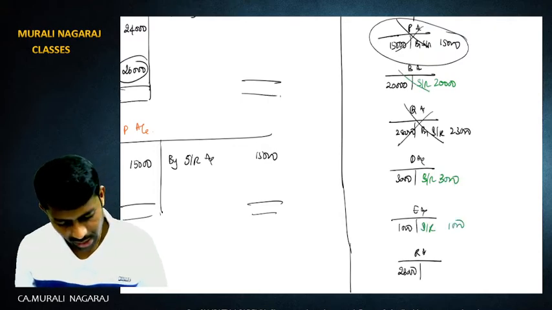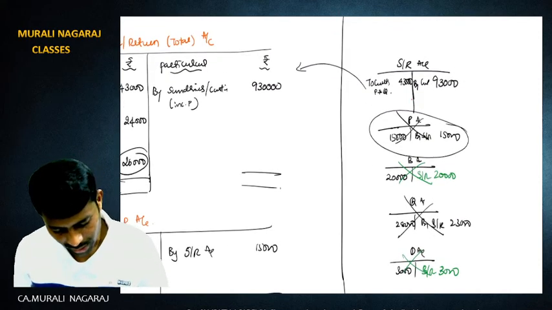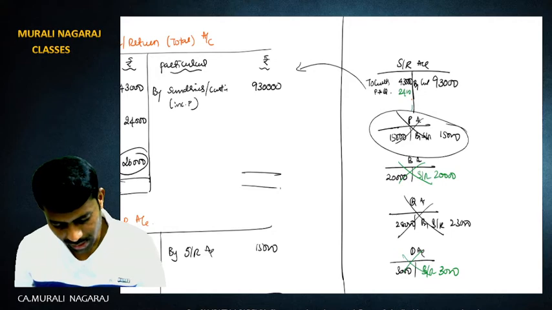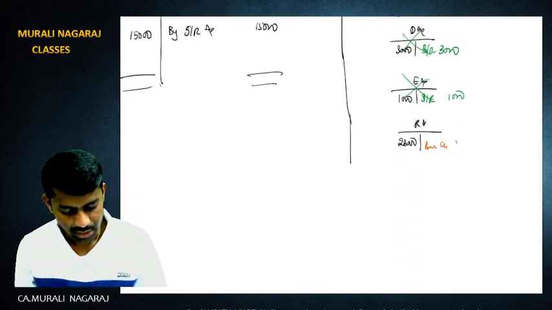Because of this, B account closed, D account closed, E account closed. Now in sale or return, that total 24,000 is gone. So whatever 26,000 balance comes here, that 26,000 is the to balance carried down.